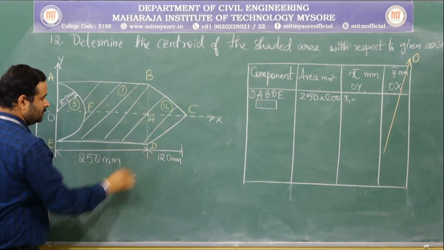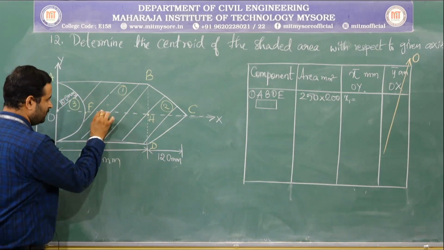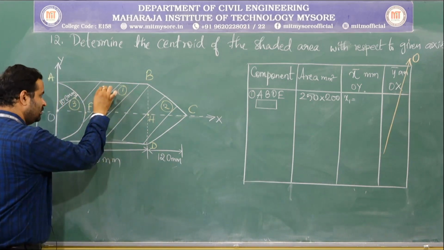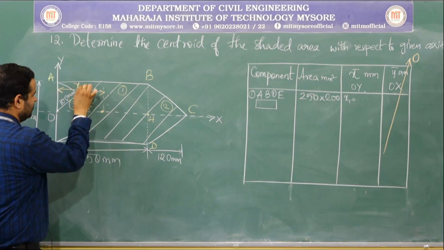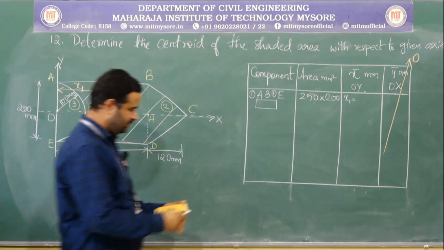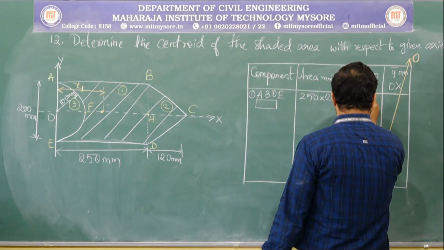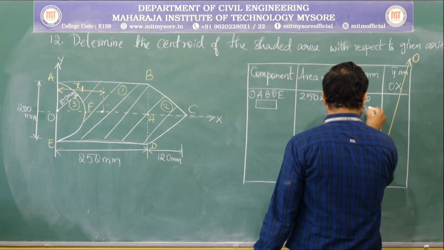So, we now know where exactly the centroid of this rectangle lies, and it has to be measured with respect to the OY axis, which gives us x1. So, if you look at the figure, you can easily say that x1 is equal to 250 by 2 equals to 125 mm.